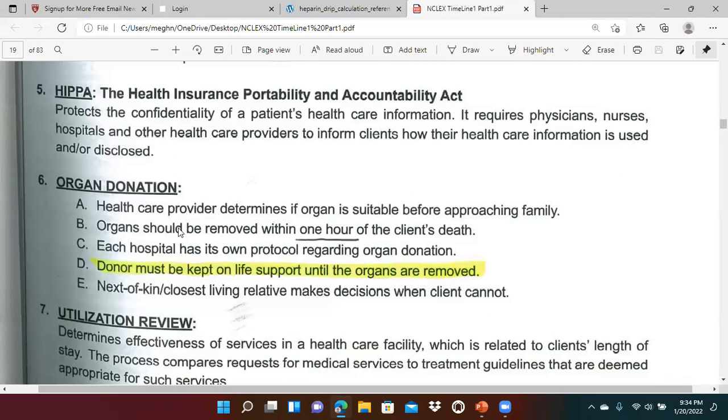Here is the few information we are going to discuss about organ donation, right? Organs should be removed within 1 hour of the client's death, and each hospital has its own protocol regarding organ donation. The donor must be kept on life support until the organs are removed, and the next of kin or closest living relative makes the decision when the client cannot.